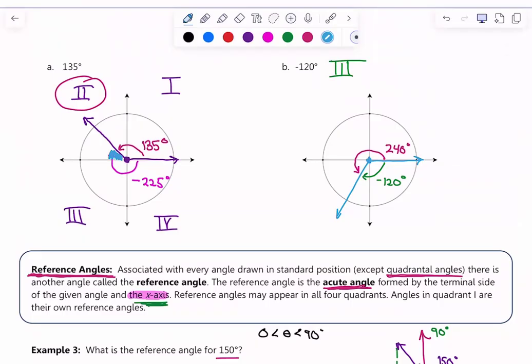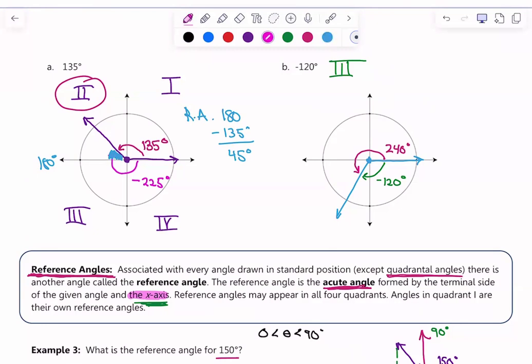So if you're attaching it to the 180, and you'll probably do this math in your head, but just in case, your reference angle would be 180, take away the 135, so you get 45 degrees. That would be the same reference angle for negative 225 degrees as well. All right. I'm bummed I don't have this in a different quadrant, but so be it.